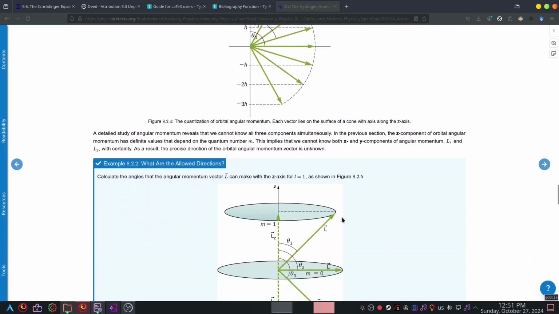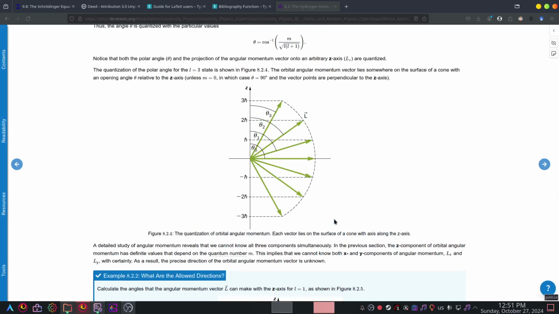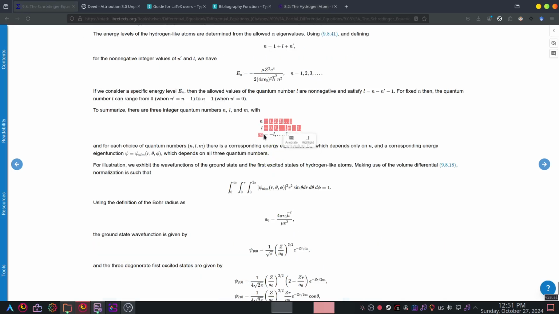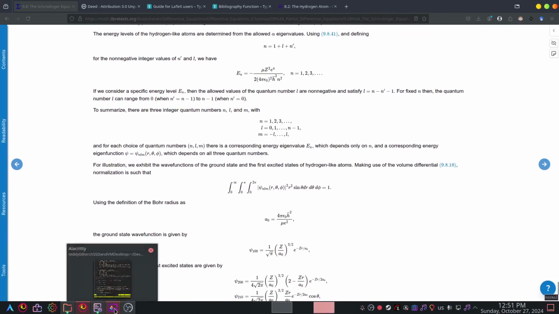In some texts, you may also see that this is correlated to the magnetic moment or something to that effect. This M number is the projection of the angular momentum, and L is the angular momentum. These three numbers are very important, and they come out of spherical harmonics.